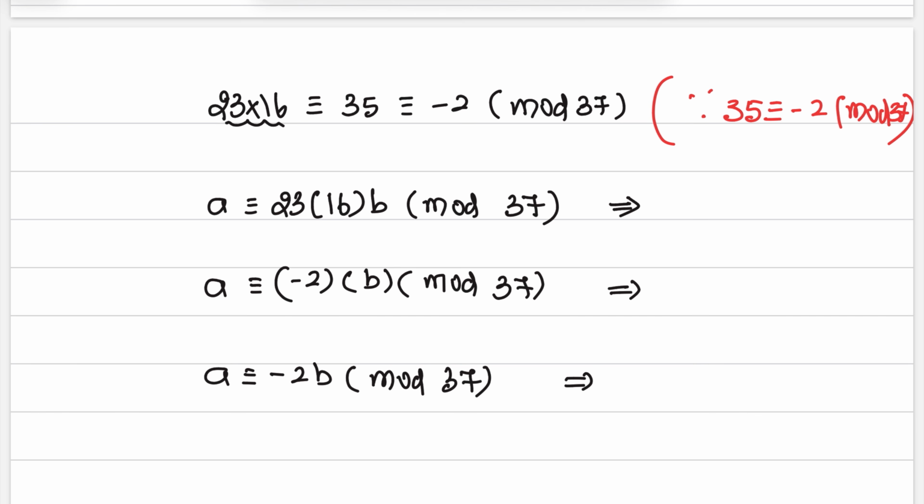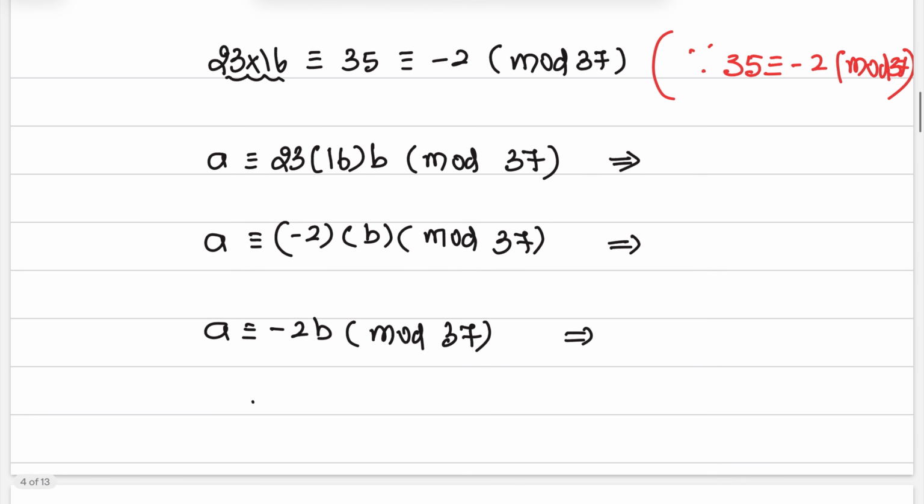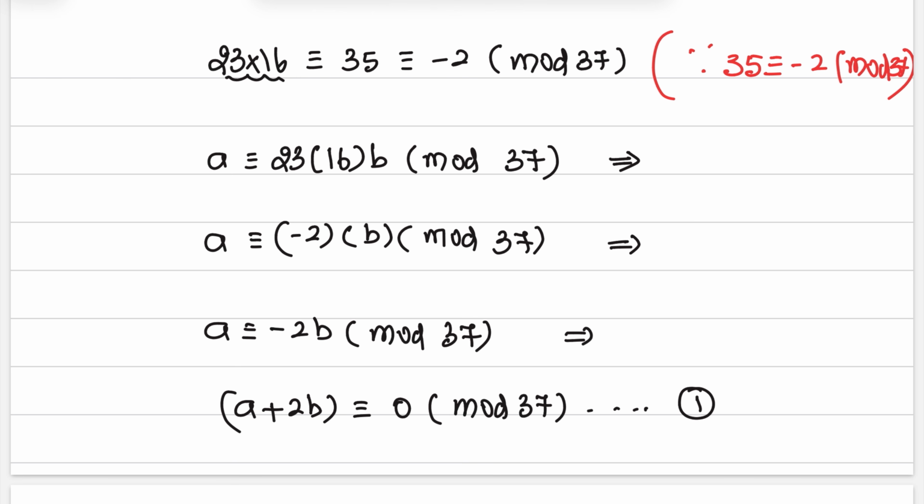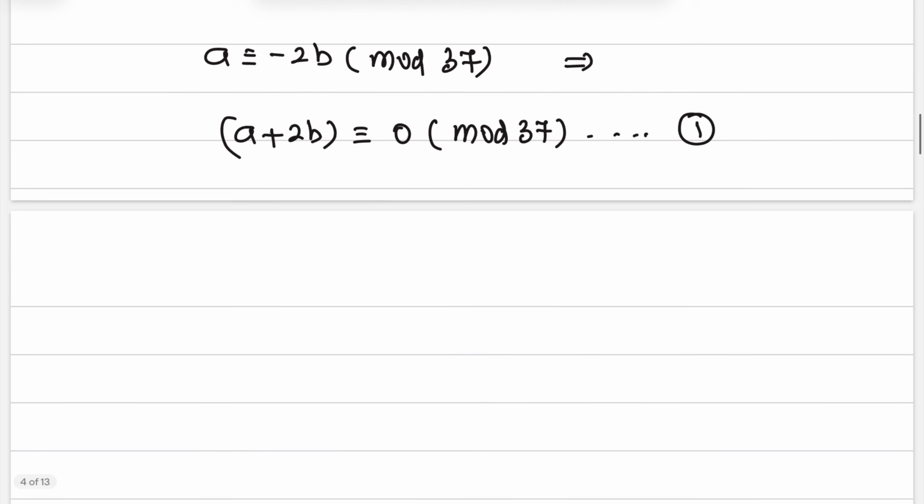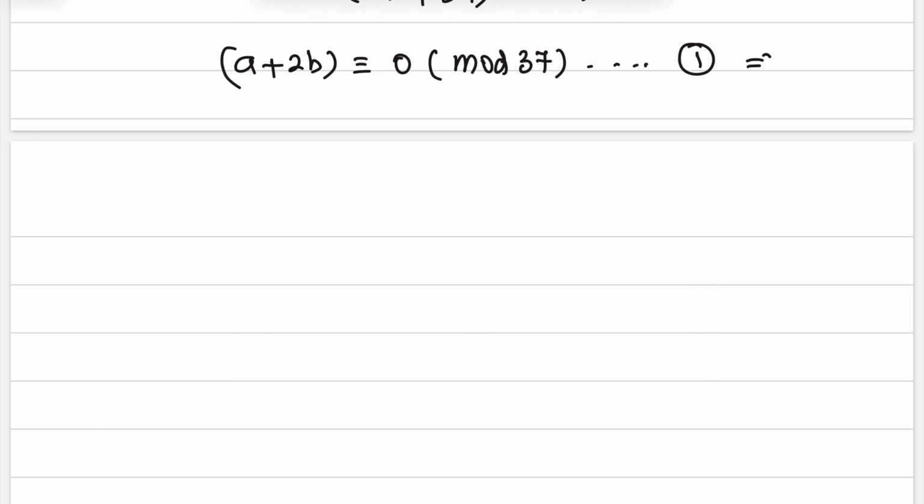That implies the first equation between A and B is A plus 2B congruent to 0 mod 37. Let me say this is equation number 1. If I write it in general form, it will be A plus 2B equal to 37k, because I have told you it is a Diophantine equation.